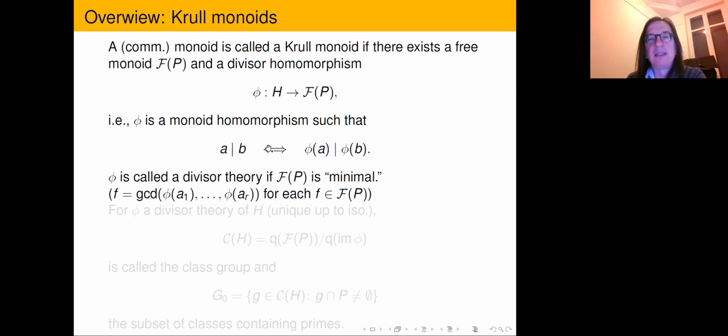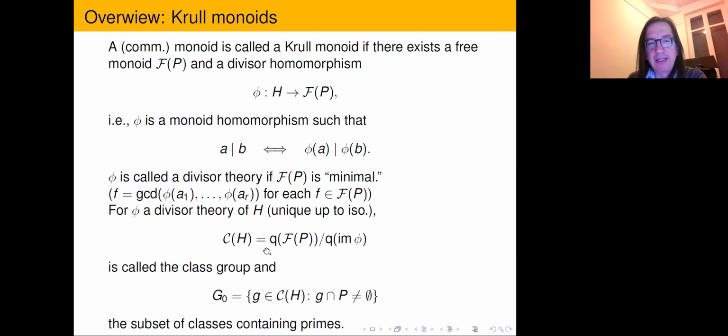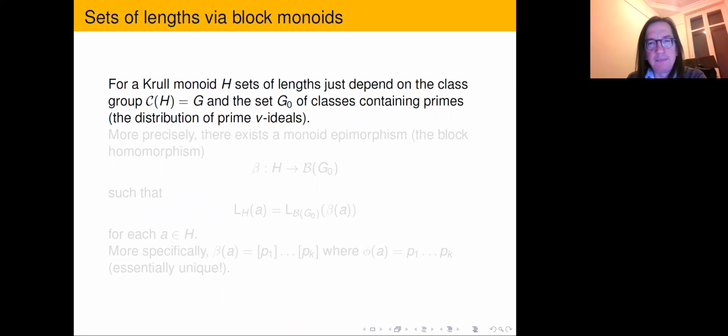And once one has this, then one can have a minimal free monoid in a certain sense and call it the divisor theory, and then one can define a class group attached to it, and so on. Then as said, for the Krull monoid, lengths just depend on this class group and the subset of classes containing primes.